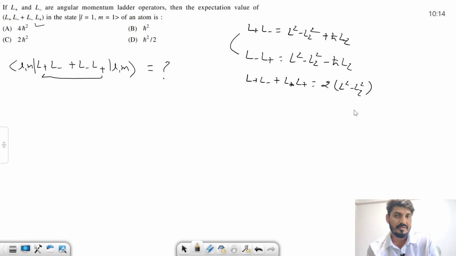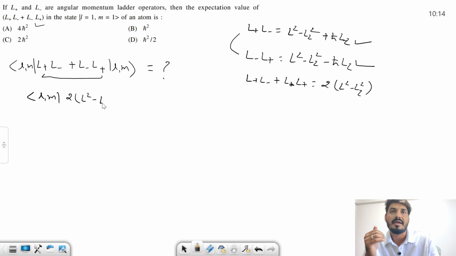Very simple. So you should remember in the exam what the value of L plus L minus is and what the value of L minus L plus operator is. Fine, we can put this in. So this is nothing but the state LM, then 2 times of L square minus LZ square, and again the state LM.